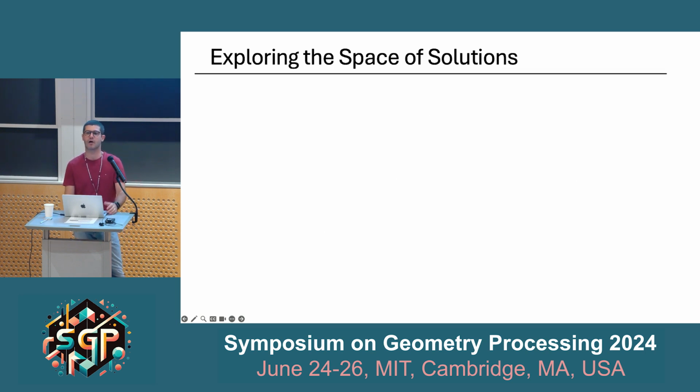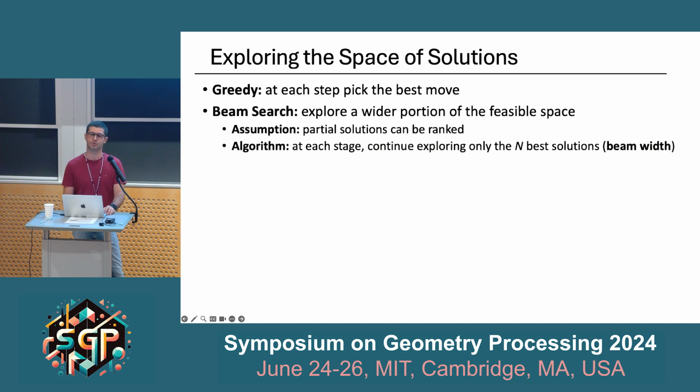So speaking about how we explore this space of solutions, there are two main approaches which are actually related to one another. The simplest one is to be greedy. So anytime I take the best splitting plane, for example, or anytime I take the best cluster that I can take. And that can be a solution. The alternative solution, which is called beam search, you can think of as being a greedy plus.